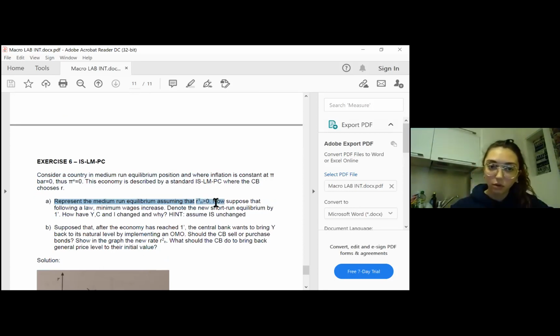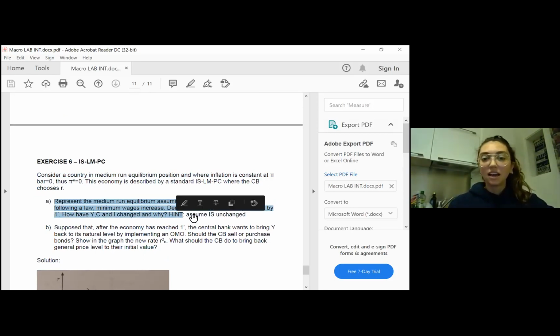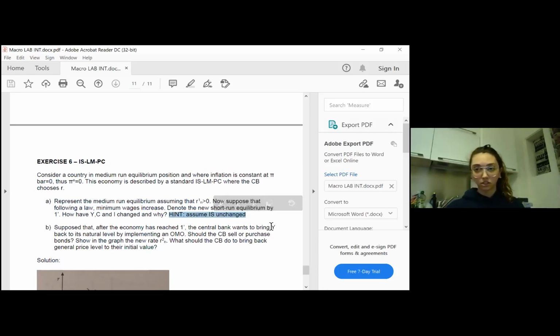Now, suppose that following a law, minimum wages increase. Denote the new short run equilibrium by 1 prime. How have Y, C, I changed? Hint, which is the most important here: assume IS isn't changed. Okay, this is very important here.